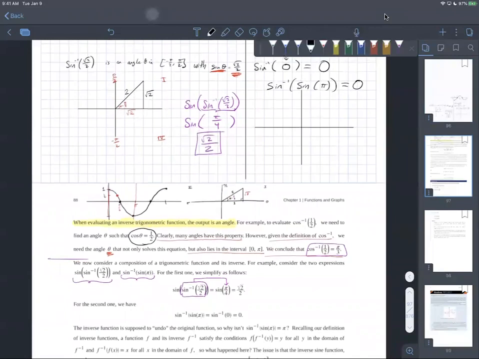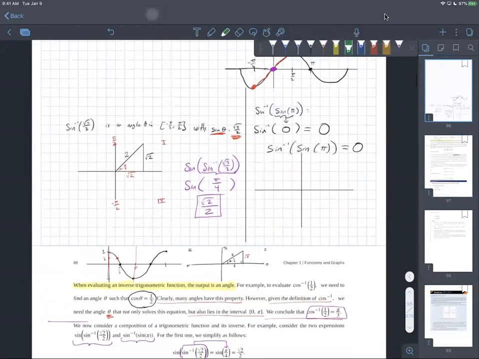The answer has to do with domains, and this is what they go on to explain in the book here, down here where I'm highlighting. The inverse function is supposed to undo the original function. So why isn't the sine inverse of the sine of pi equal to pi?